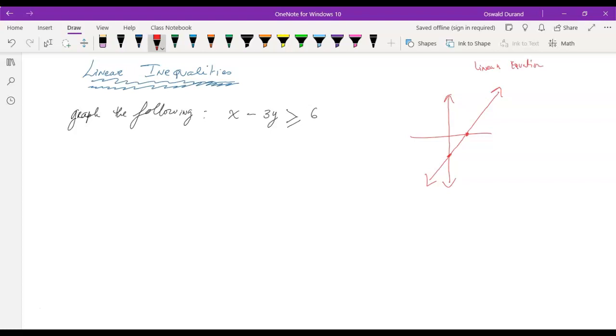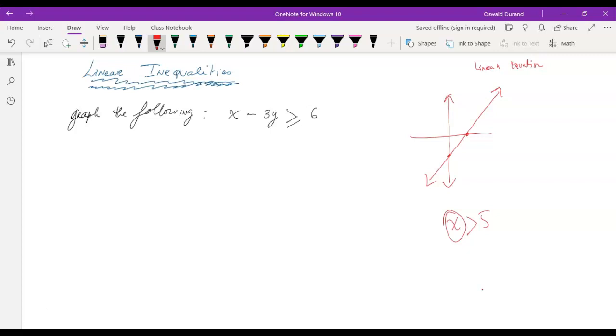But now we have linear inequalities, and when we have inequalities, that means we have a series of values. For example, if I say x is greater than 5, the x represents many values.